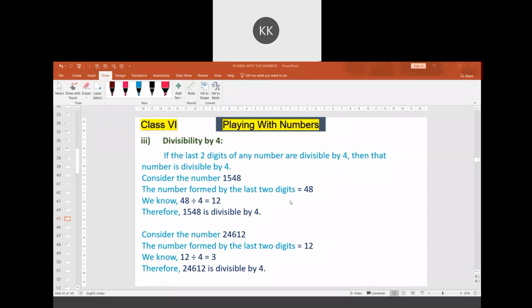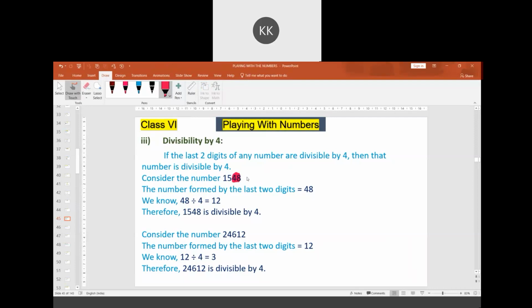Now, test for divisibility by 4. When the test for divisibility by 4 is to be done, we always look at the number formed by the last two digits. In 1548, let me highlight the number formed by the last two digits.